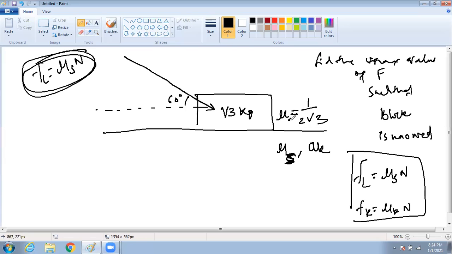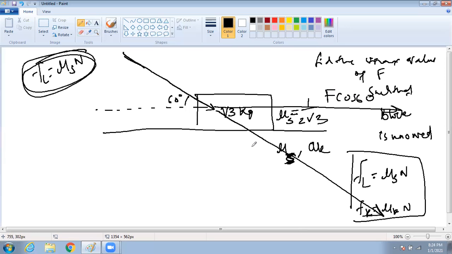That means this is the F mu S. Remember. Whenever the force is at an angle, you should always split it into its components. So there will be an F cos 60 here, and an F sin 60 here. This 60 degree is same as this 60 degree.